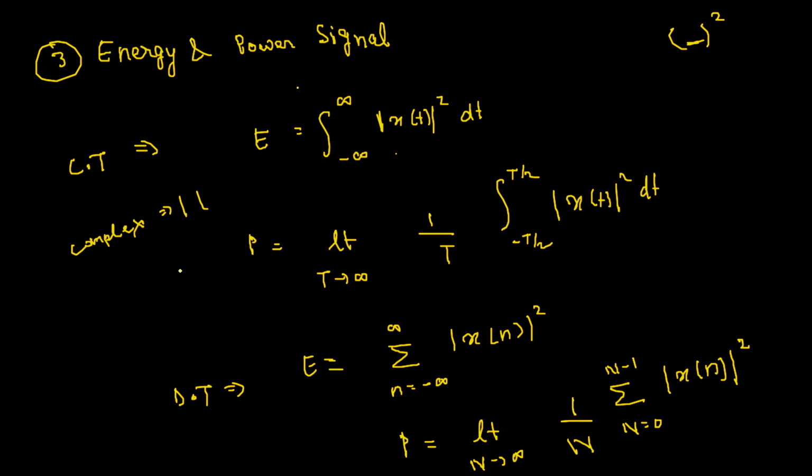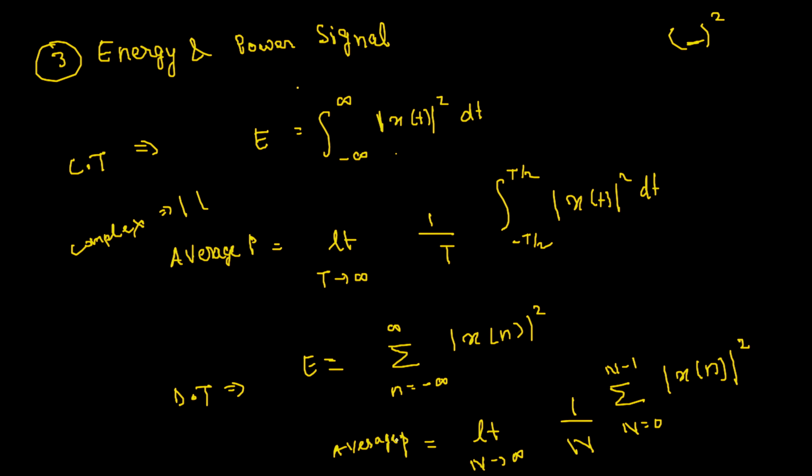Another thing that I forgot to mention is the power that we're talking about here is the average power. So even if the energy is not defined, we know that the average power remains defined. Because of that, certain signals which do not have a defined energy end up having defined power. So these signals are called power signals. But if the energy itself is defined because the signal is bound in a particular region, then it's called an energy signal.